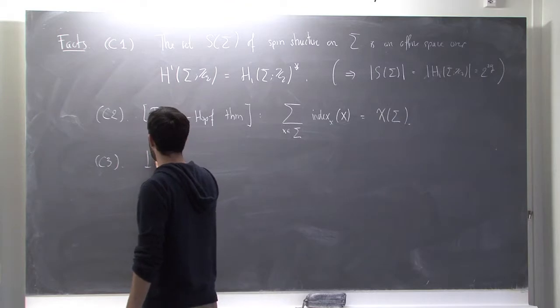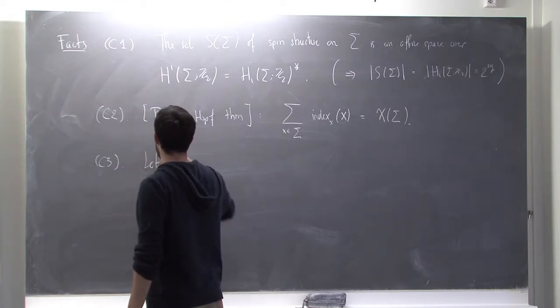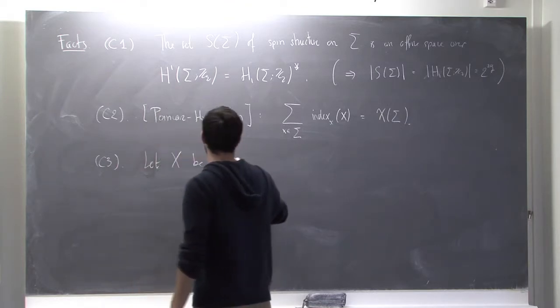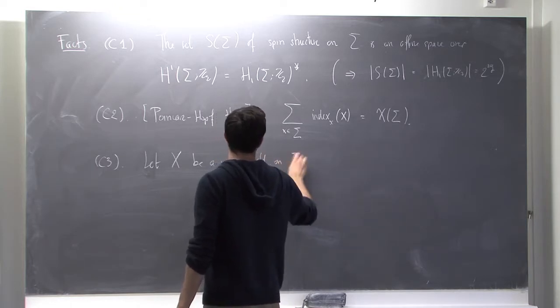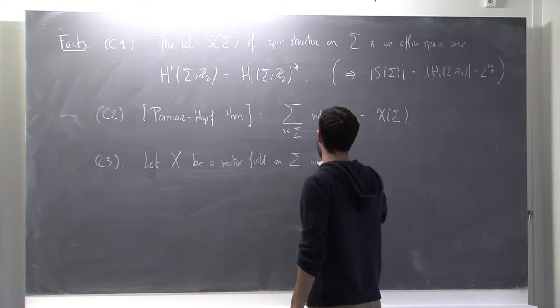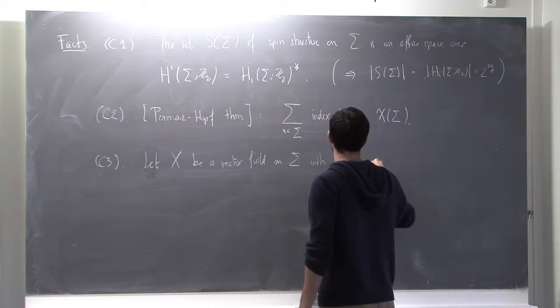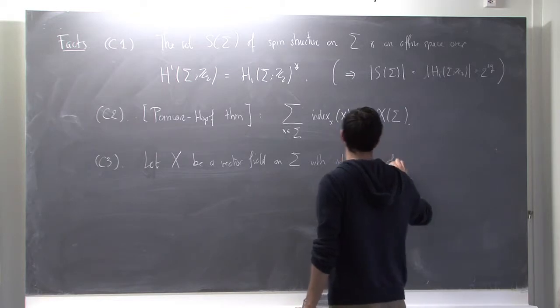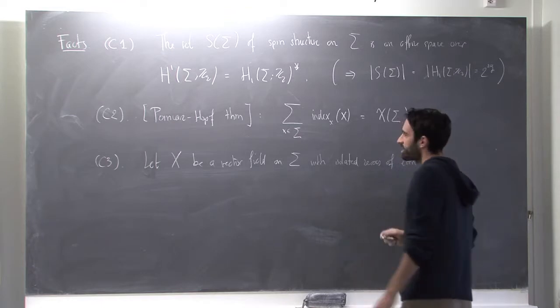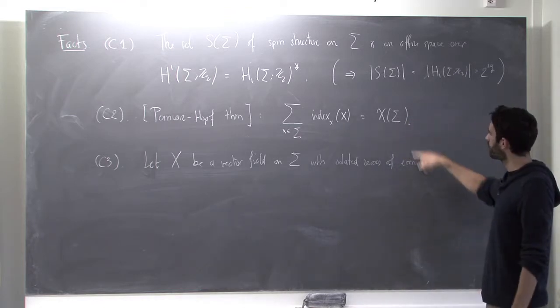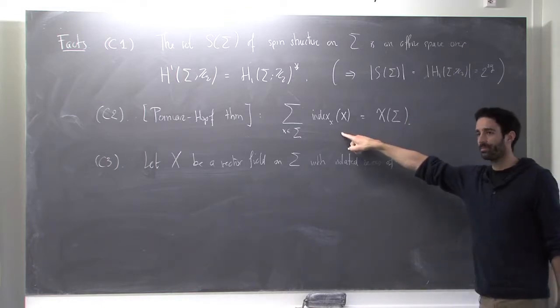So let X be a vector field on sigma with isolated zeros of even index. Is this always possible? Yes, it's always possible because of this theorem.